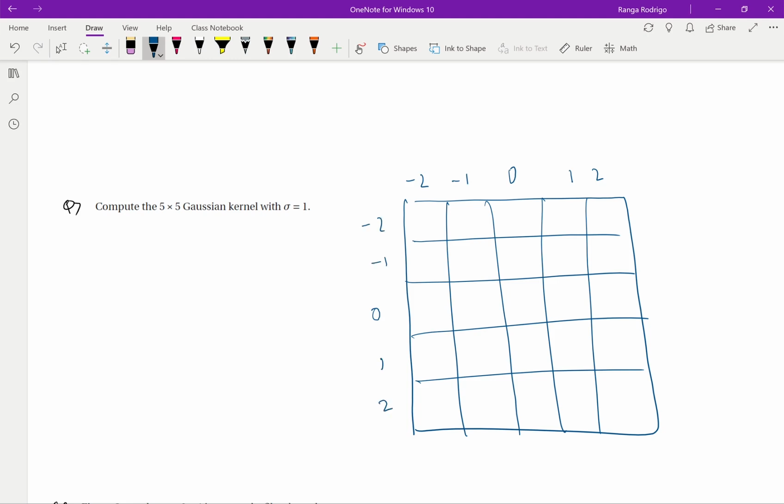Indexing. So the thing is, we have to write the expression of the two-dimensional Gaussian, but let's not write the constant that is in front. So let's just call it G(x,y) equals, no constant, because we are anyways going to divide this by a constant to make the values sum to 1.